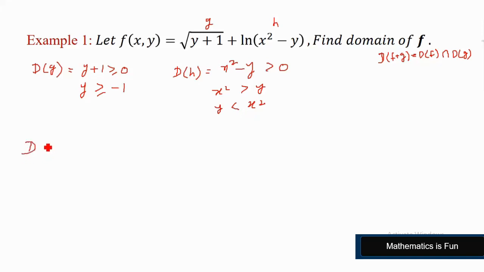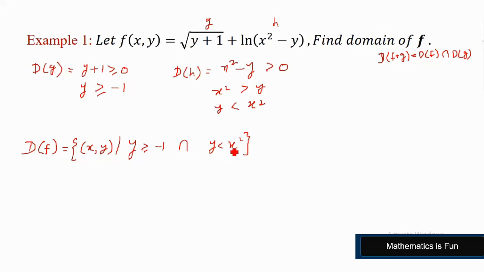Now the domain for f would be the intersection of these two regions. Let's write it in set form. So all the ordered pairs which satisfy y greater than or equal to minus 1 intersection y less than x square is the domain for f.